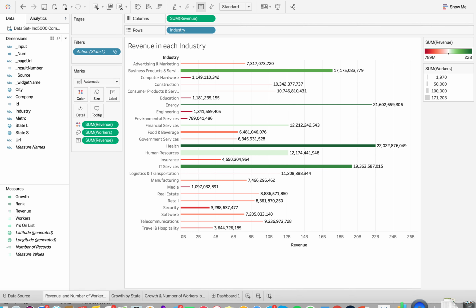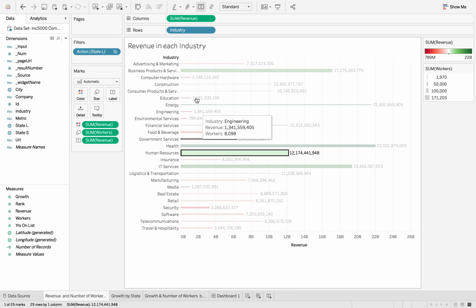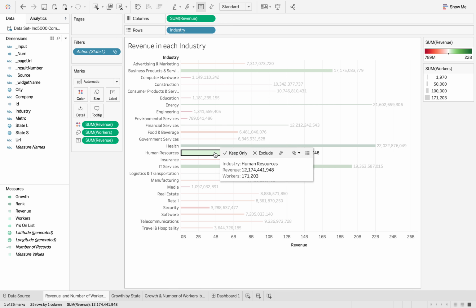Based on this, we could say that the industry that hires the most people is probably human resources. So not only are you describing revenue, you're also involving the number of workers. When you click one, it shows the specific information: industry, human resources, the revenue, and the number of workers.